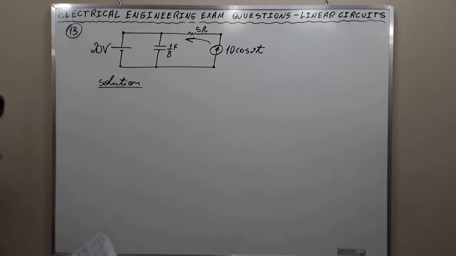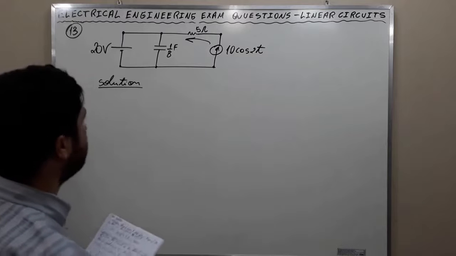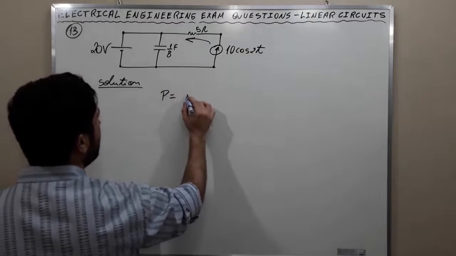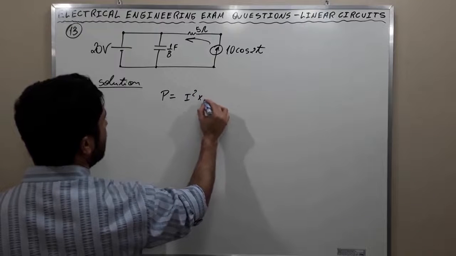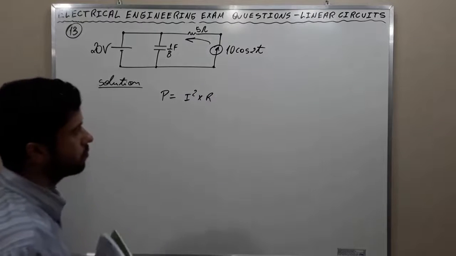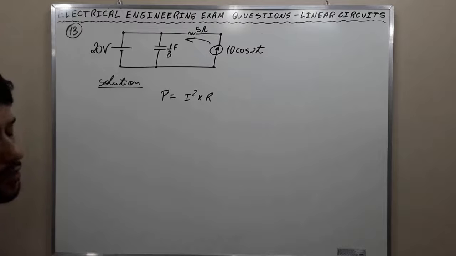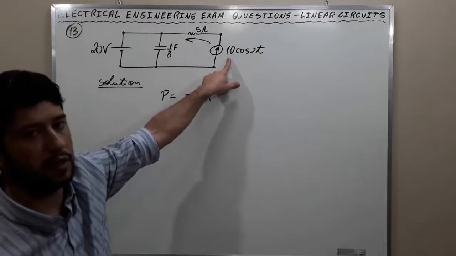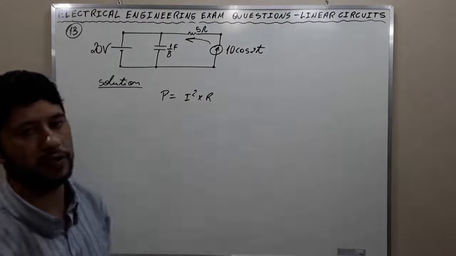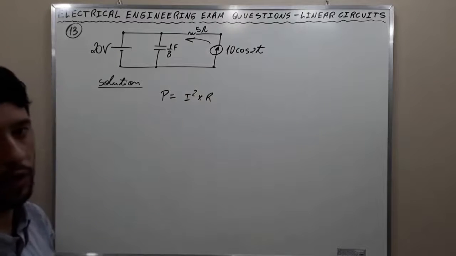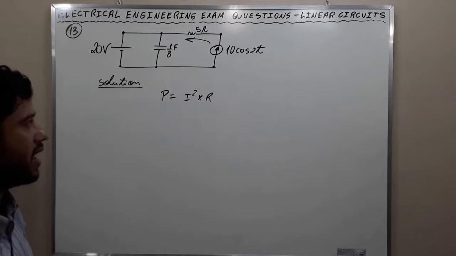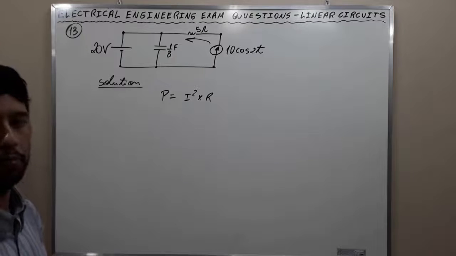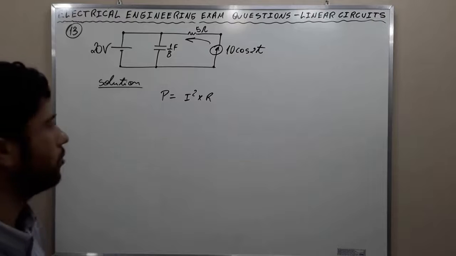When you understand this, you're going to see that the power is simply I squared times the resistance. The exercise says that this value here, 10, is the RMS value. And whenever calculating power, we have to use the RMS value, not the peak value of the sinusoidal.